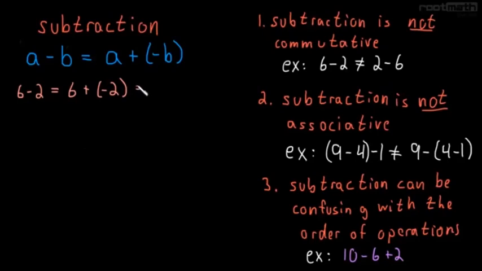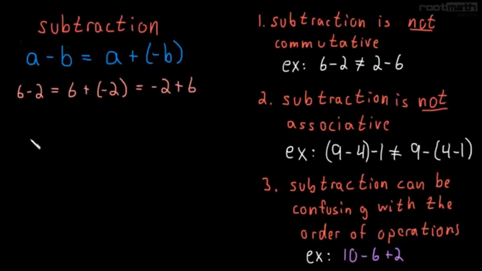So we can change the order. So now we have negative 2 plus 6. Notice in this example, the negative sign stays with the 2. In our original example, the negative sign went to the 6. That was the problem. The negative sign was on the wrong number. Okay, so when we think of subtraction as addition of a negative number, we get commutativity back.